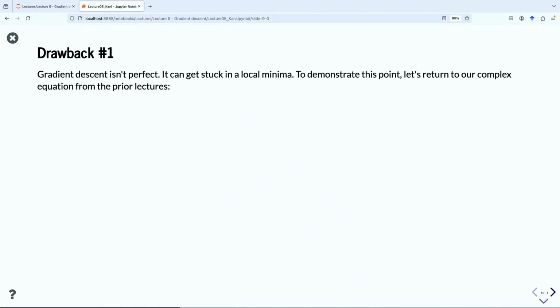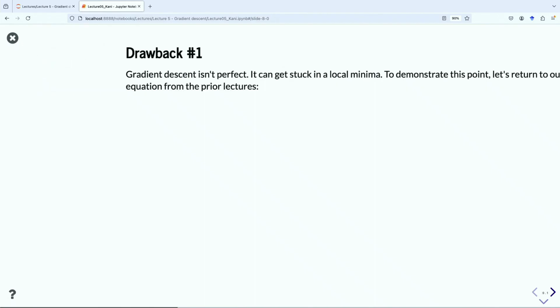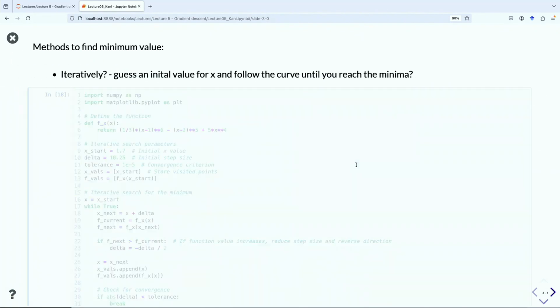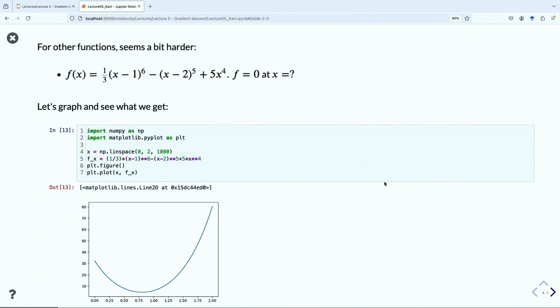So for the previous function, that was fine. We had a function that had one minima, and so whatever we initialized x to, we were guaranteed to get to that minima. Okay? So that's ideal.